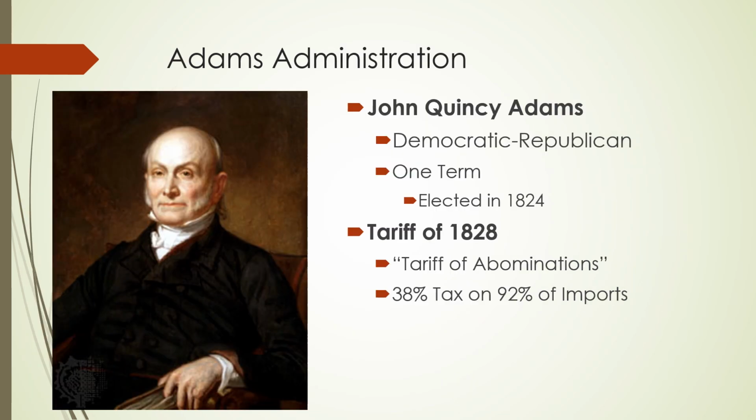Notice it says Adams here is a Democratic Republican. He was when he was elected because it was the era of good feelings. It was the end of the era of good feelings. Early in his life, he had been a Federalist because that's what his father was, but obviously that party doesn't exist anymore. And he will not continue to be a Democratic Republican.